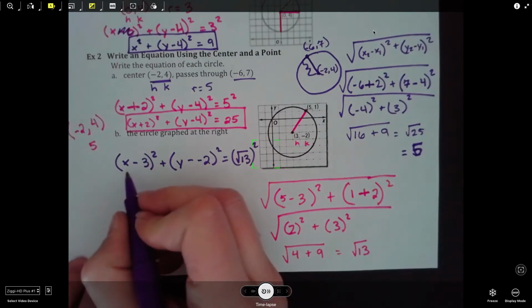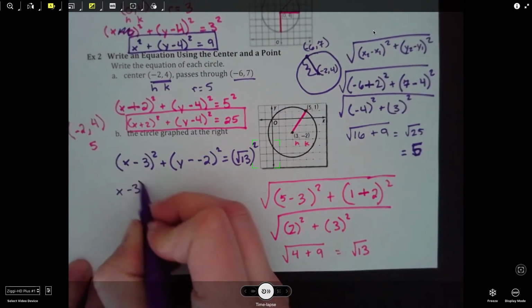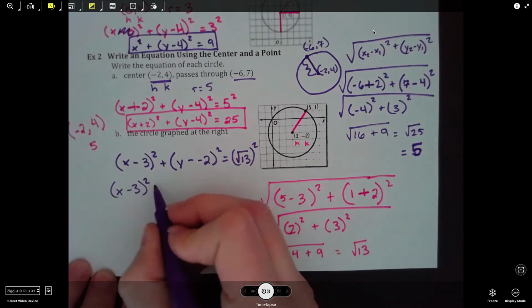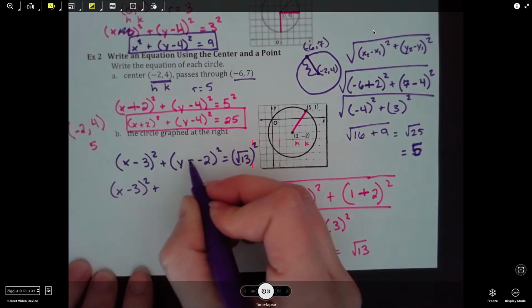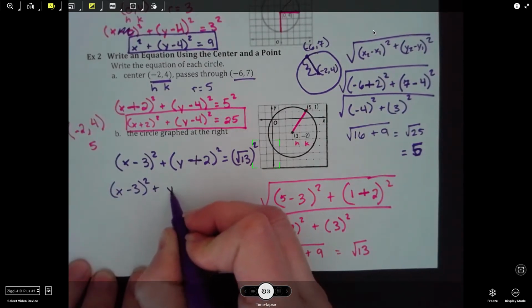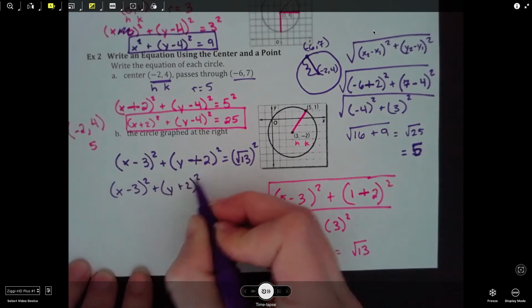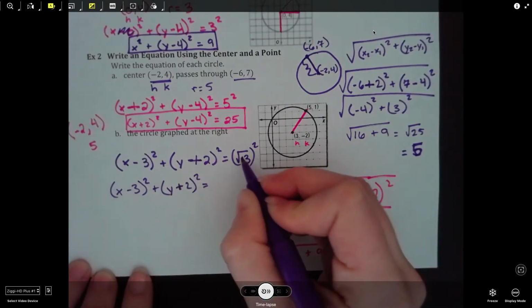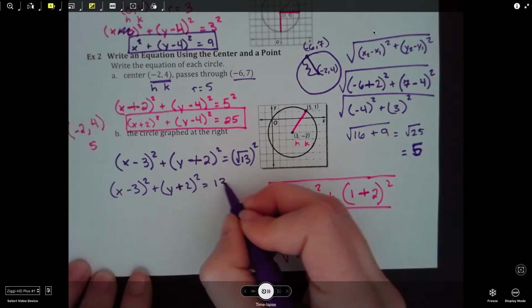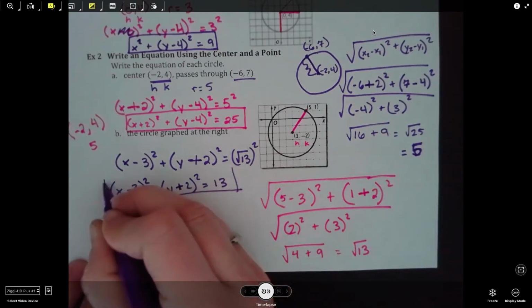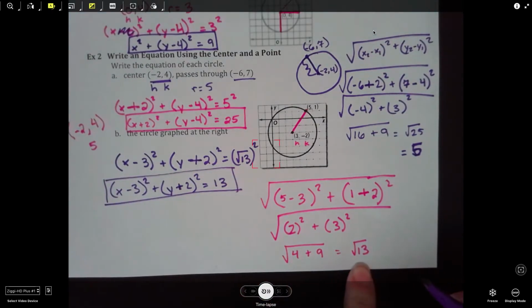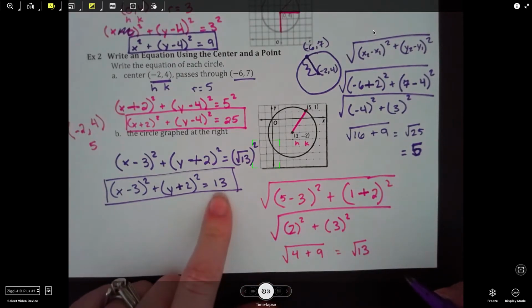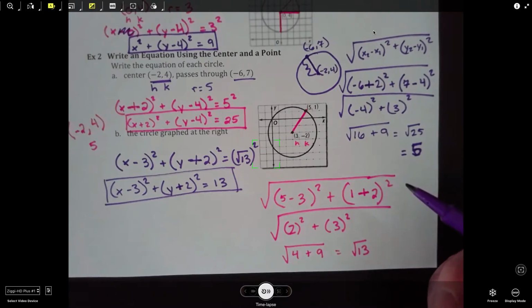All right, let's write this out a little nicer. x minus 3 I don't do anything with, plus y minus a negative 2 will become y plus 2 squared equals the square root of 13 squared, which is just 13. So that's why we didn't want to write this as a decimal, because this 13 will pop out of that square root. Okay?